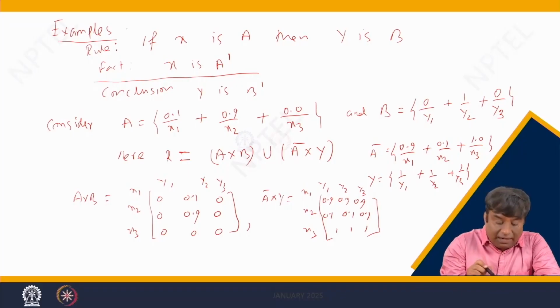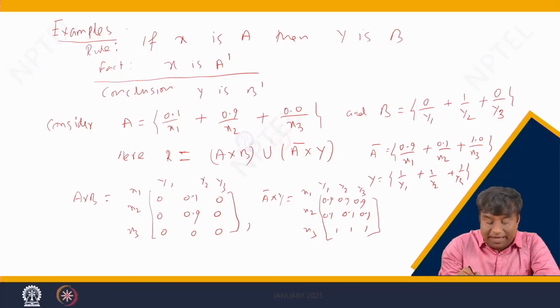Here we consider a fuzzy set A, which is 0.1 by x1, 0.9 by x2 and 0.0 by x3. Here B is 0 by y1, 1 by y2, 0 by y3. We need to find the value of B dash for a given A dash.